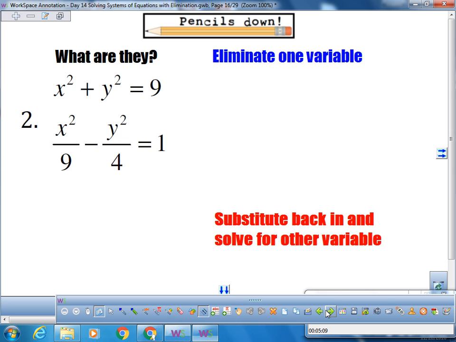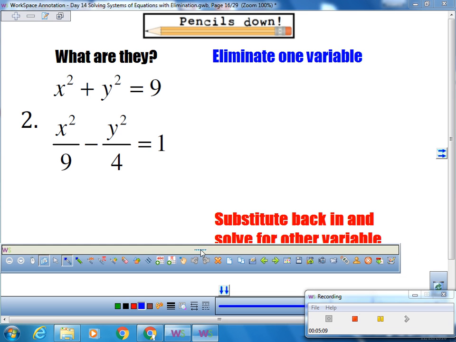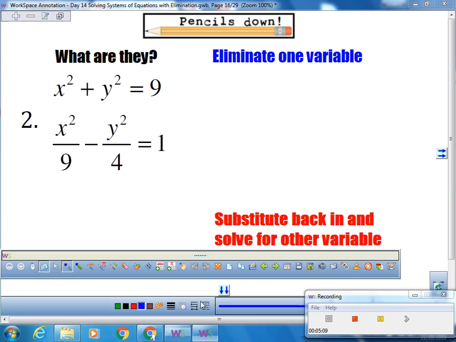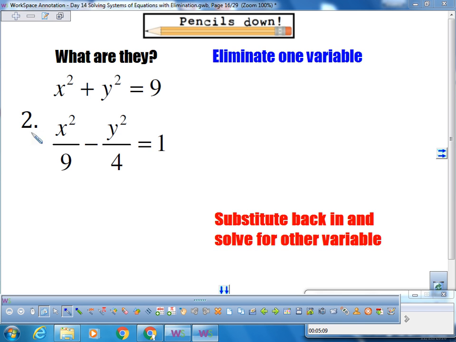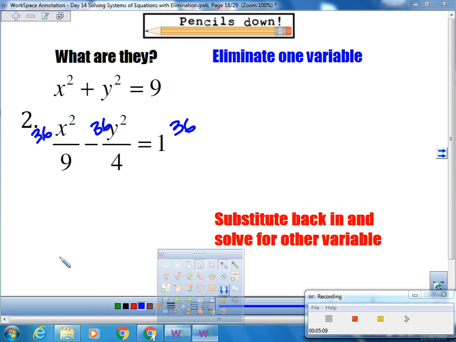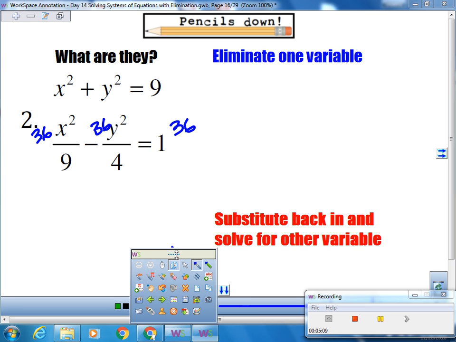All right, I'm going to eliminate a variable. I've got fractions. How do I get rid of fractions? Multiply. What can I multiply everybody by to get rid of both the 9 and the 4? I could multiply everybody by 36. Right? If I multiply this by 36, and this by 36, and this by 36, I now have a new equation.